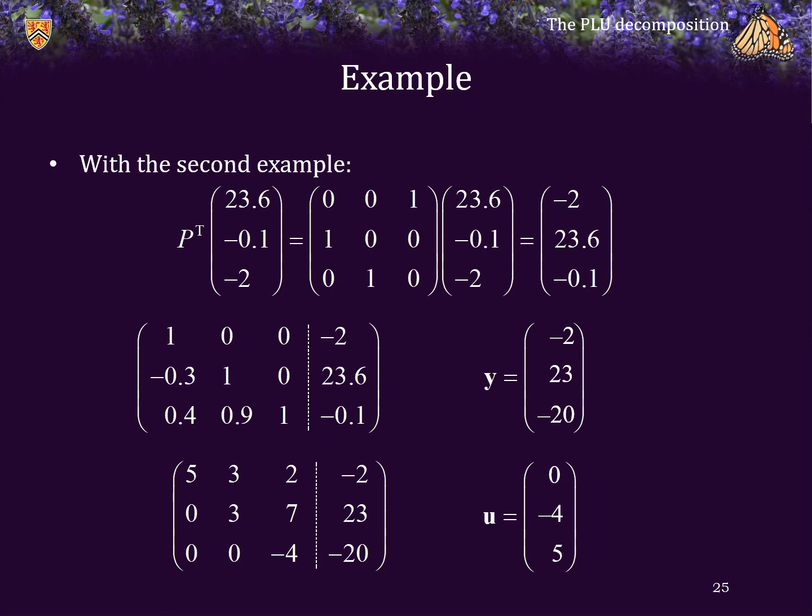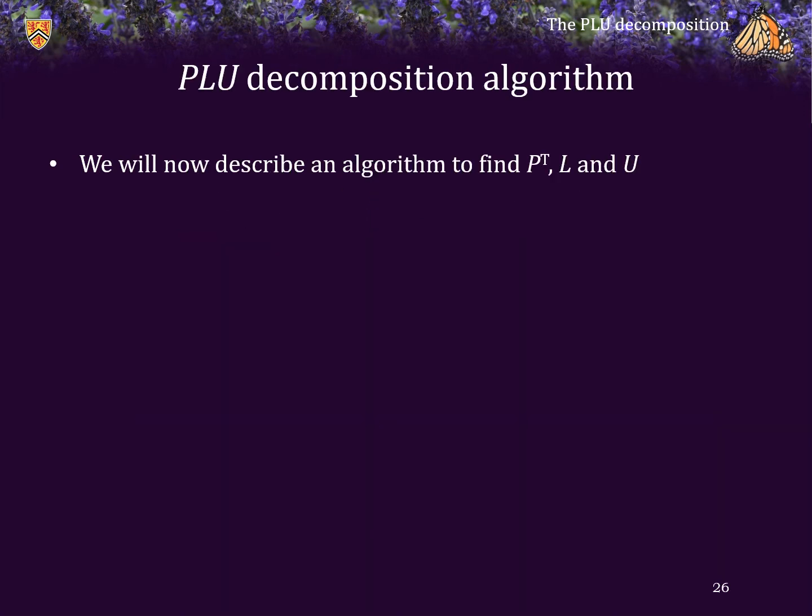Instead, we simply permuted the entries, performed forward substitution, and then backward substitution. All right, we will now describe an algorithm that finds P transpose, L and U. We're going to find P transpose because that's what we're actually going to use to solve a system of linear equations.